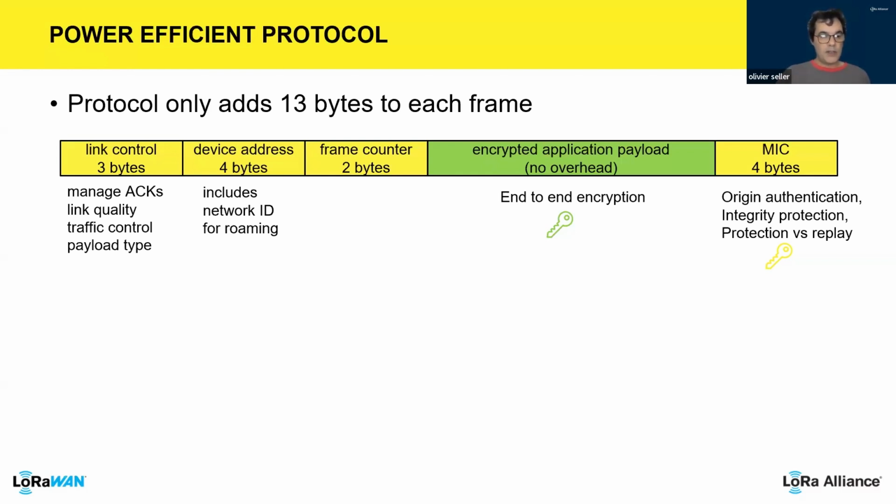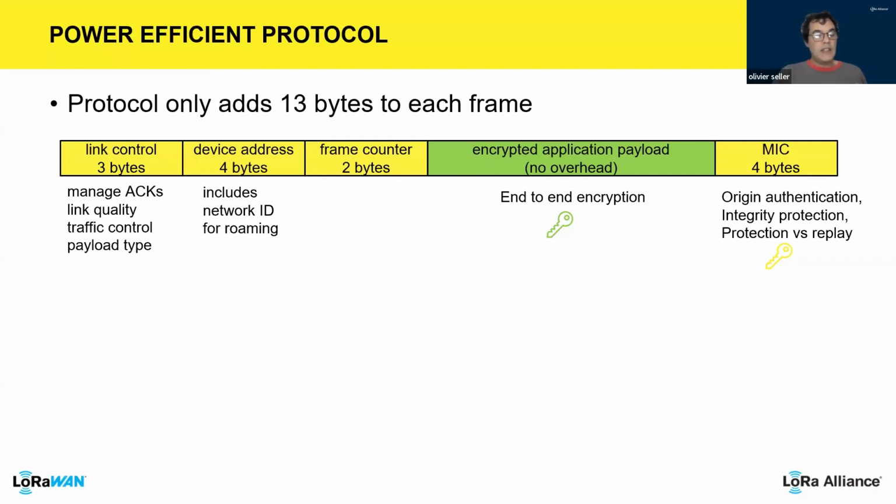Two more fields of the protocol overhead, the protocol signaling part, are present in each frame. One 4-byte field tells the address of the device. This address identifies the device on this network, and the address includes as a header the network ID. So it's a network ID and a device address on that network, and this part is not encrypted.